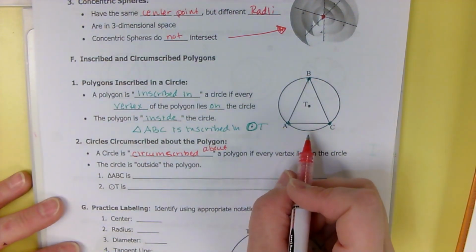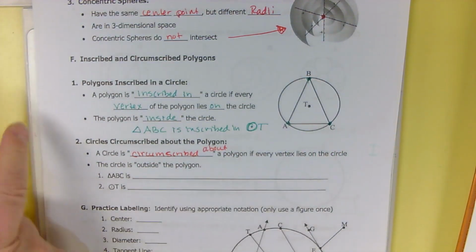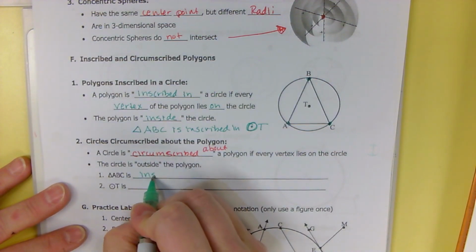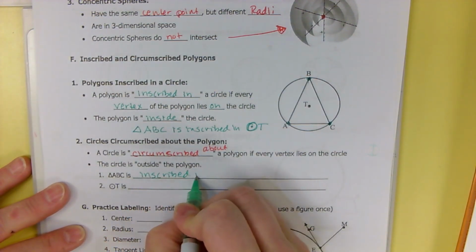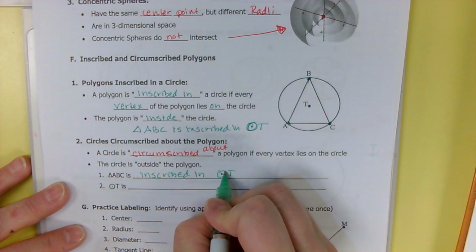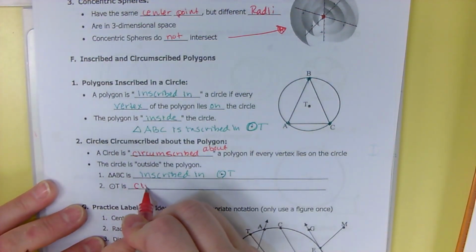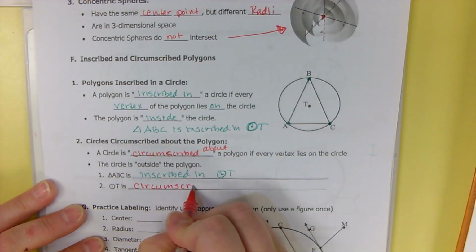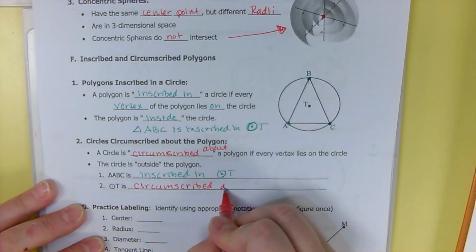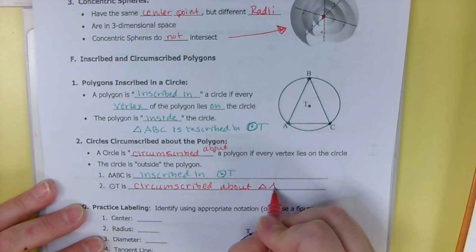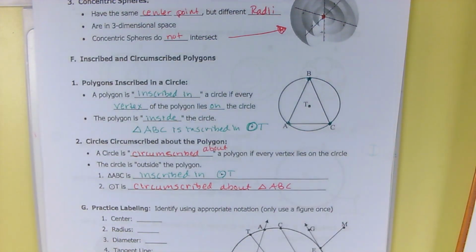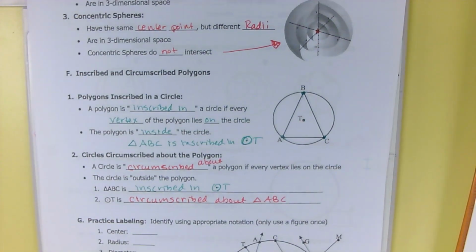So in this picture, ABC is inscribed in circle T, but we can also say circle T is circumscribed about triangle ABC. So you can describe the same drawing from two directions, inside out and outside in. If it's inside out, it's inscribed in. If it's outside in, it's circumscribed about.